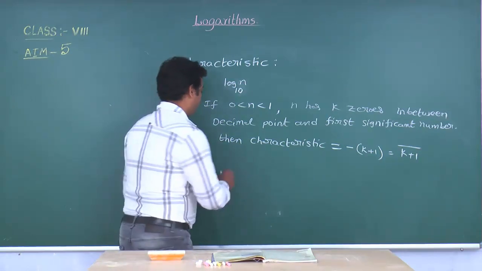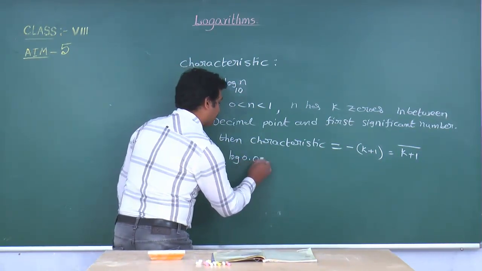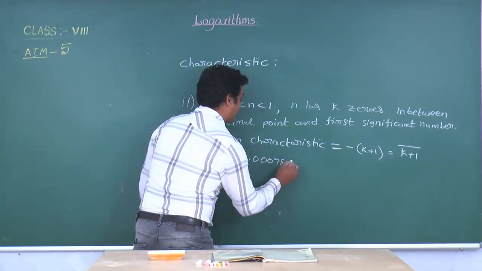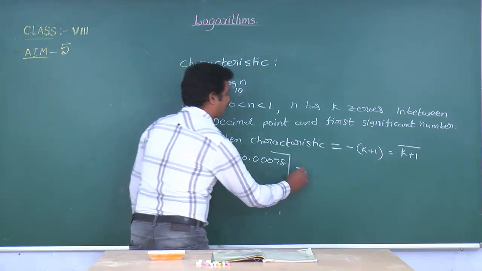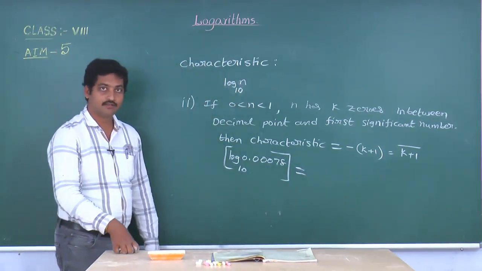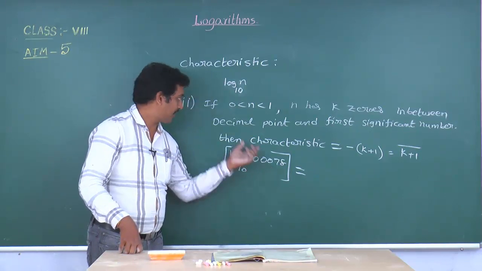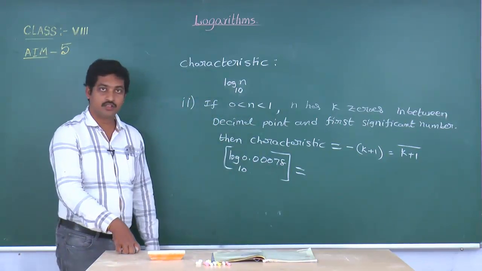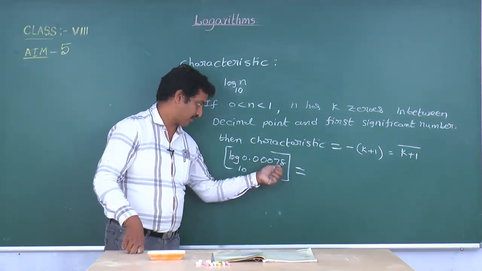For example, log 0.00078 to the base 10. What is its characteristic? Because the base is 10 and this number lies between 0 and 1, how many zeros does it have between the decimal point and the first significant number?